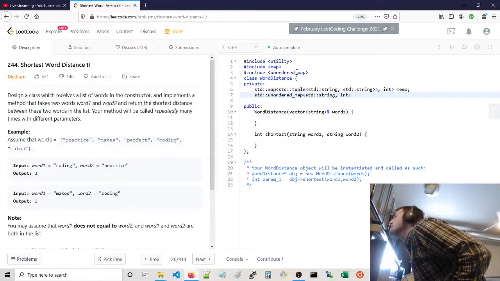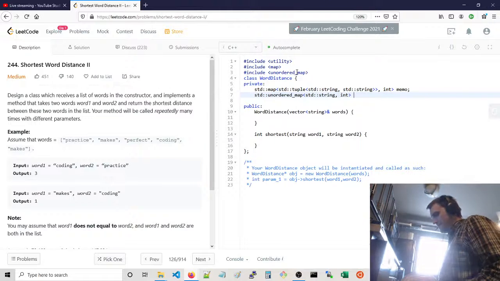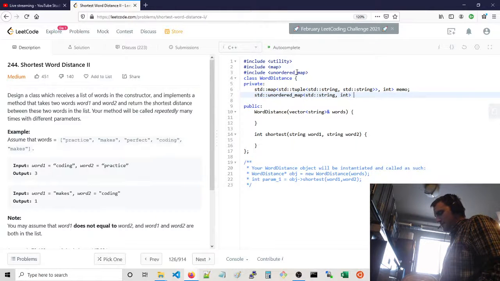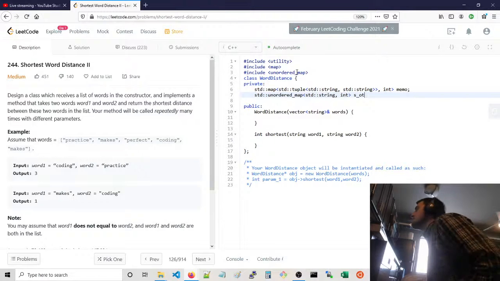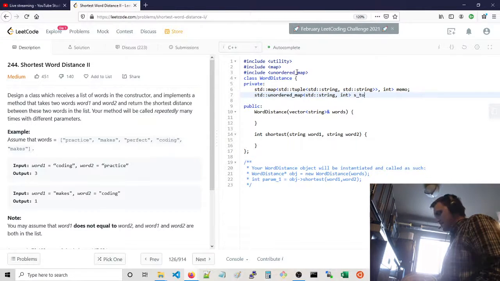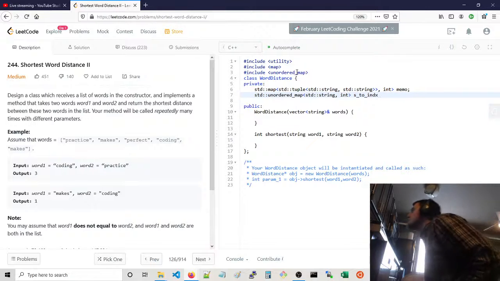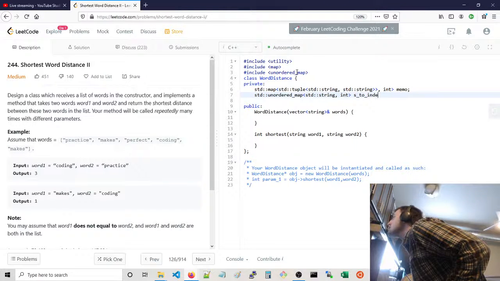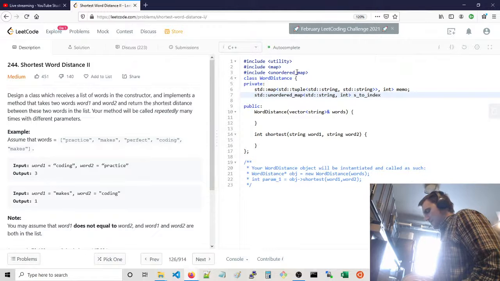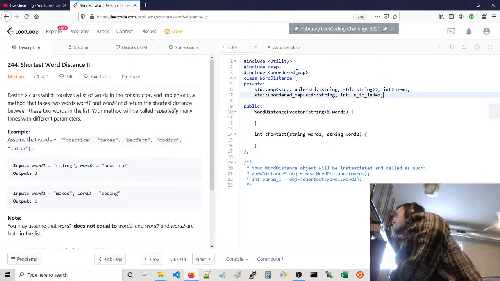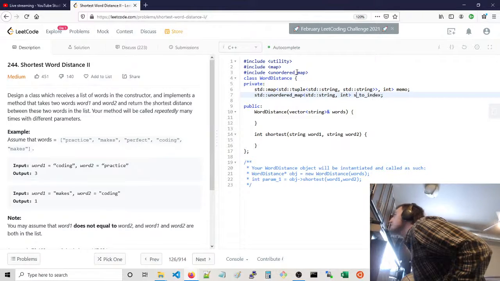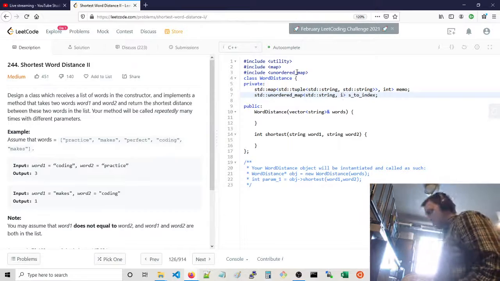This is going to be sort of S to index. I don't really know what to call this exactly. Oh no, actually it's a series of integers. It's a vector of integers.